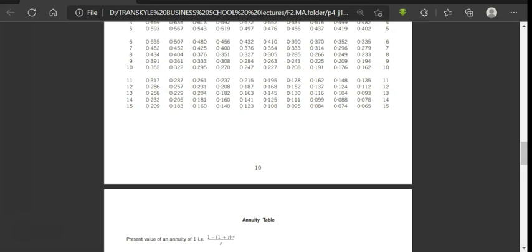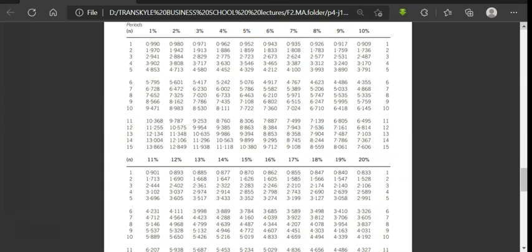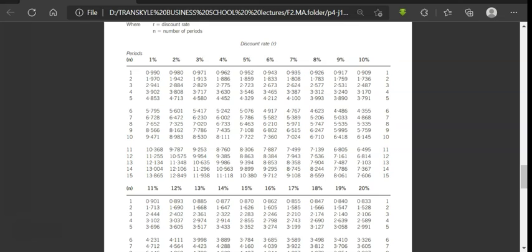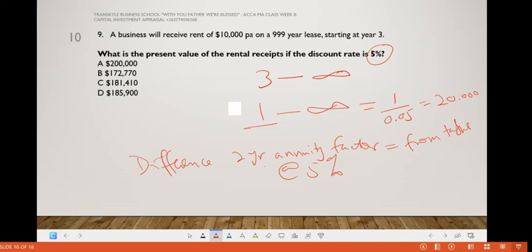So the annuity tables at 5%, 2 years. We are looking at this figure, 1.859.